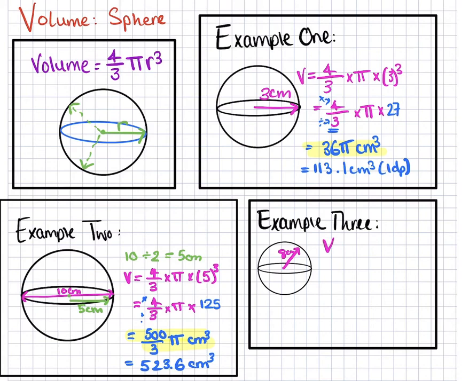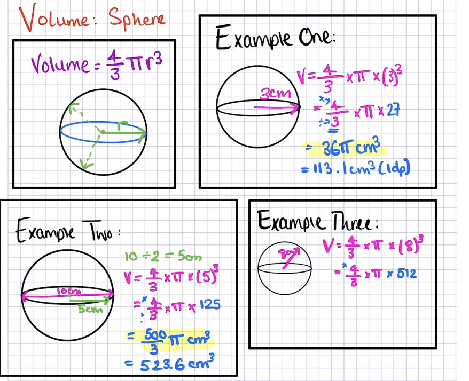So going straight into my volume, 4/3 multiplied by pi multiplied by 8 cubed. 8 times 8 times 8 is going to give us 512. So I'm going to replace the 8 cubed with 512.